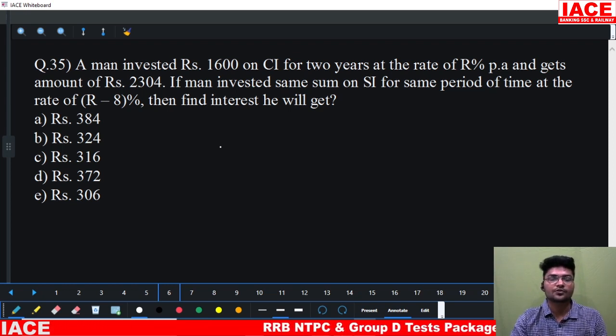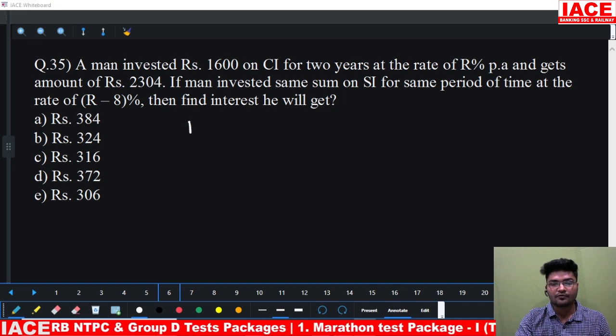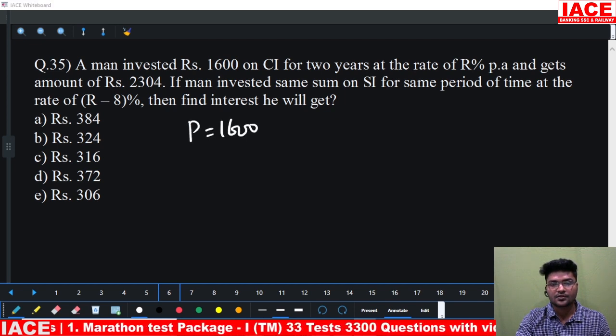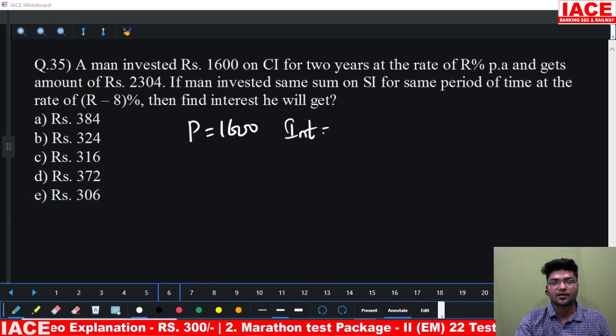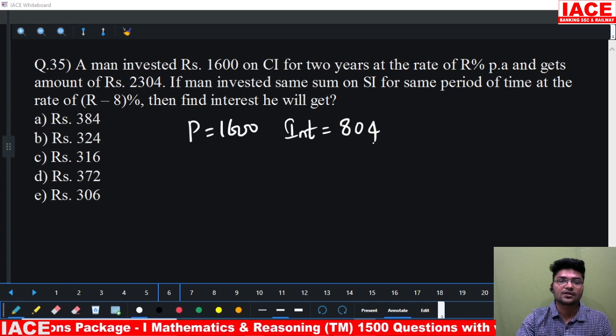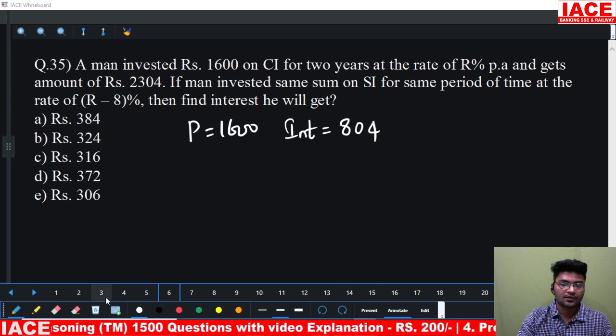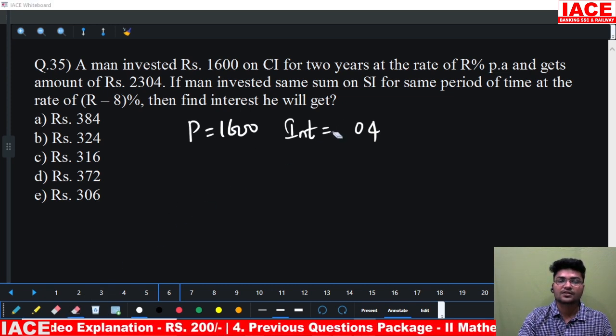So what we'll first do, on this principal of 1600 rupees, how much interest is he getting? Interest that he is getting, how much is this? 1600 to 2304. What is the difference? Difference is 8, sorry, difference is 704.